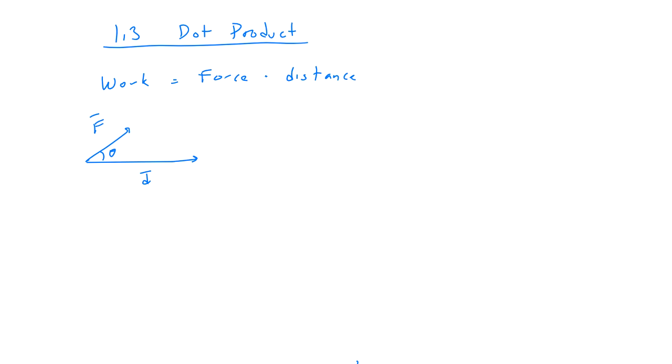And let me make a right triangle and stuff. So in this case, what would be the work I do using that force to move that object that distance? So it's still sort of force times distance, but what is it really?